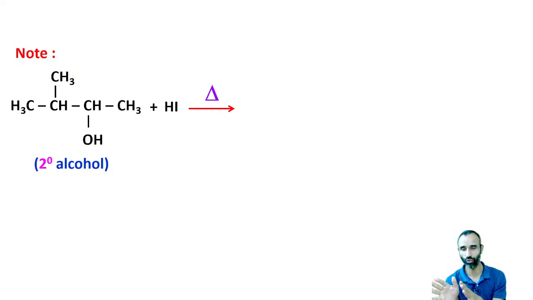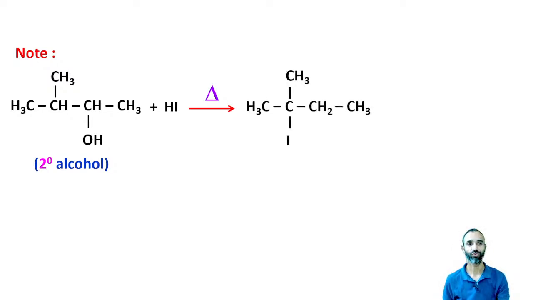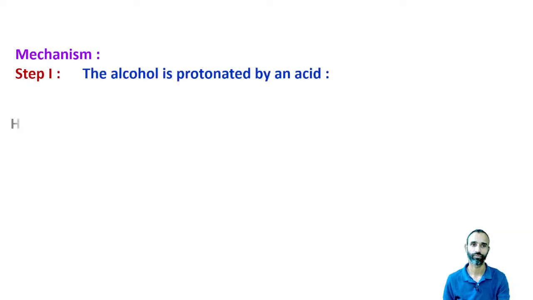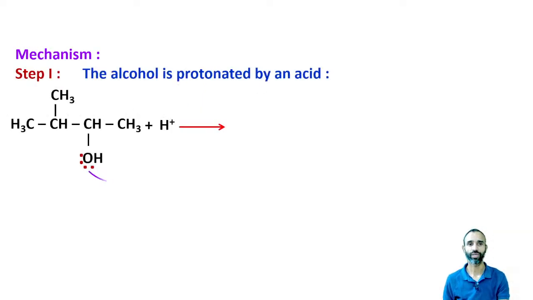What is removed? We get carbocation. Yes, but a hydride shift takes place. So iodide will attach at tertiary. So we get tertiary pentyl iodide along with H2O.